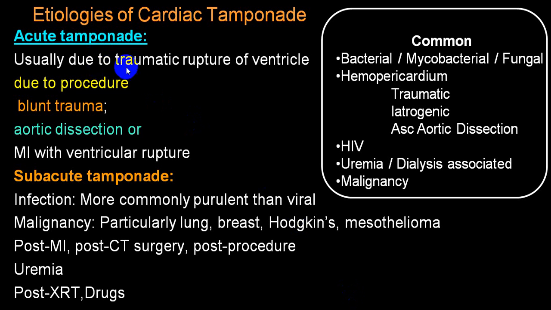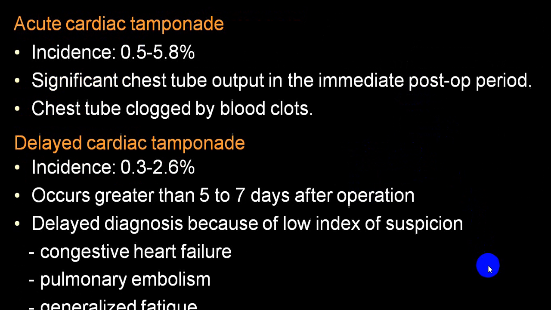Acute tamponade is more common with traumatic injury, while subacute is very common with infection, malignancy, post-MI, uremia, drugs, etc. We already mentioned the common conditions like bacterial, tubercular, hemopericardium, which can be traumatic, iatrogenic, aortic dissection, HIV, uremia, malignancy, dialysis-associated, quite common.